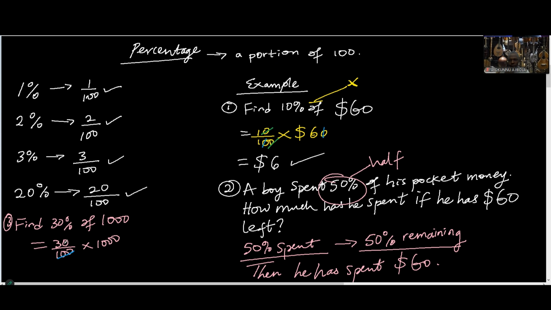Two zeros at the bottom can cancel two zeros at the top, remaining only two zeros there. So nothing is at the bottom again because it's only 1. So we have 100 here. So 100 times 3 is what? 300. Good. 100 times 3 is 300. So that means 30% of 1000 is what? 300. Good.